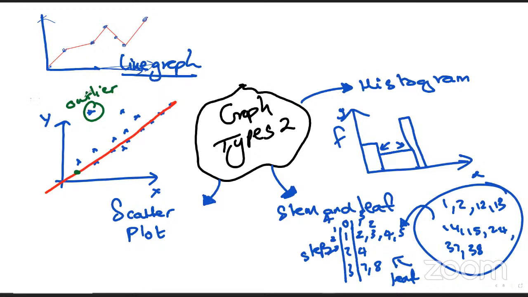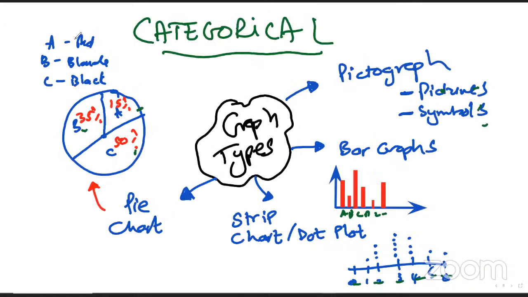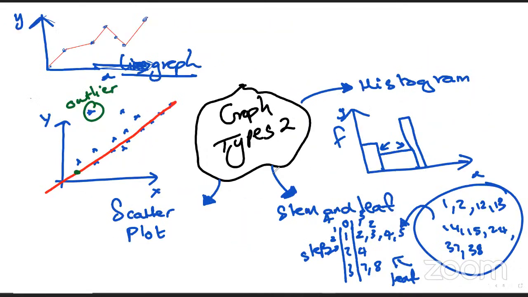Line graphs. Now, what are all of these called together? Remember the previous ones we said are categorical. Now, because these have numbers in them, we call these numerical.